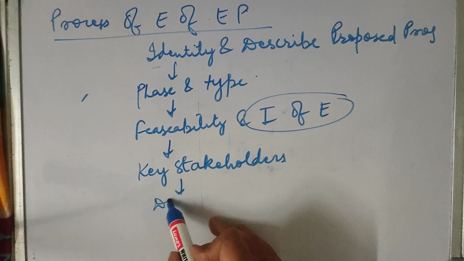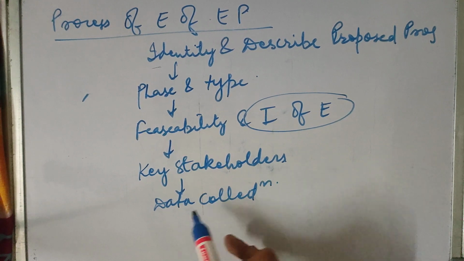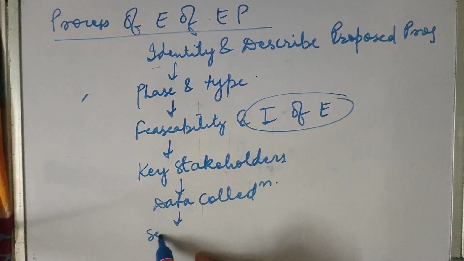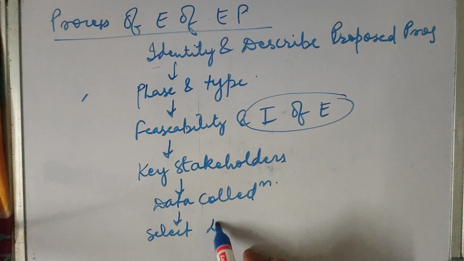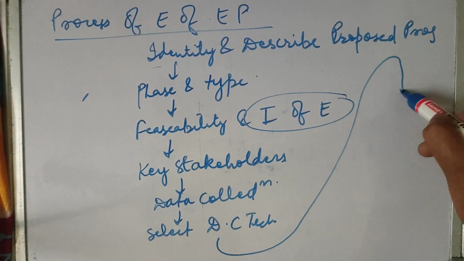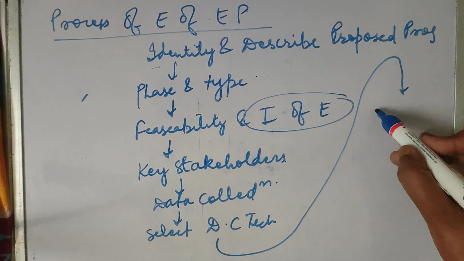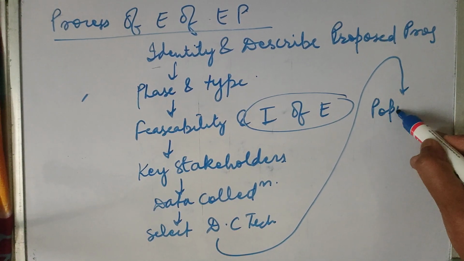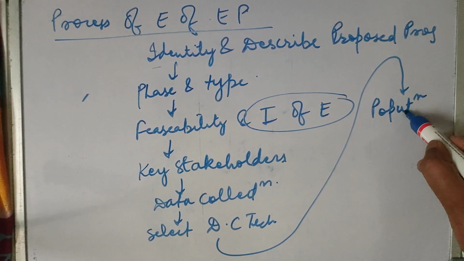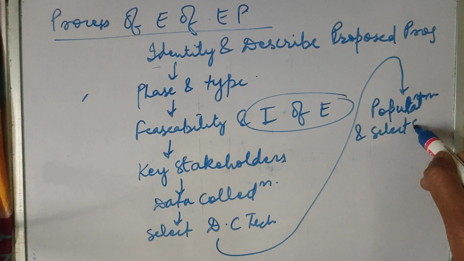Identify approaches to data collection. We need to collect data. For that we need to select a data collection technique. And then identify the population and select the sample.